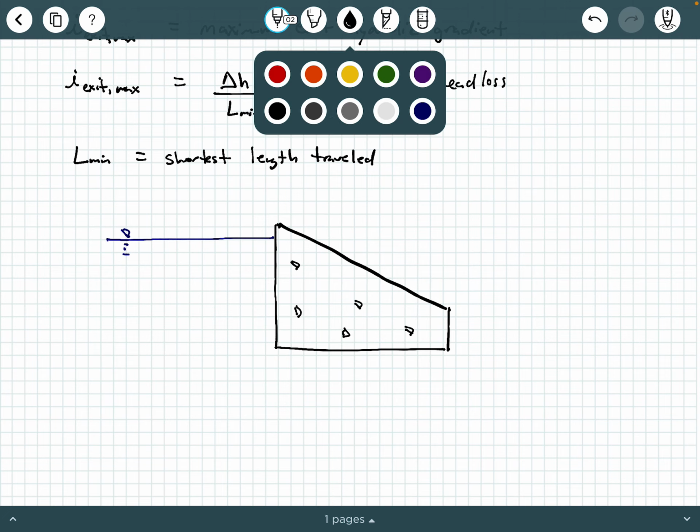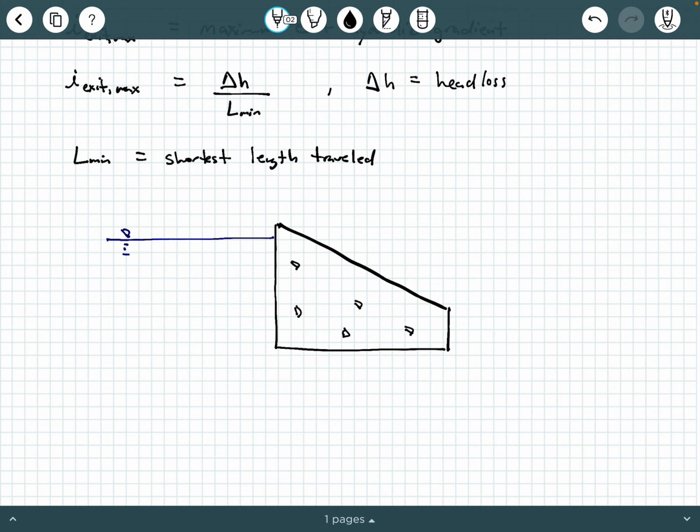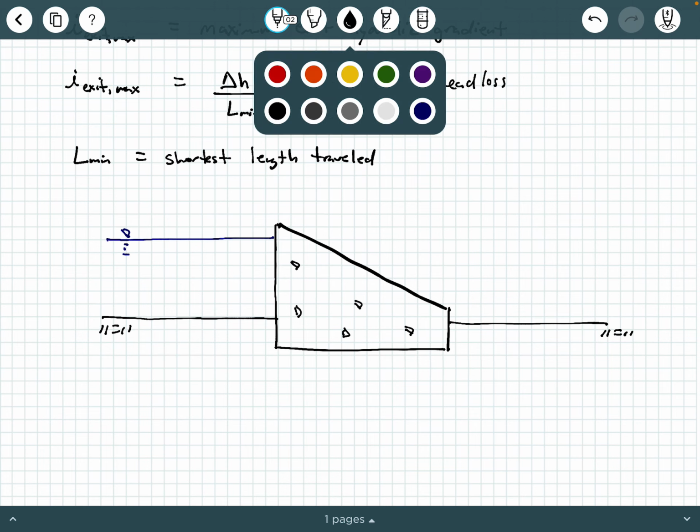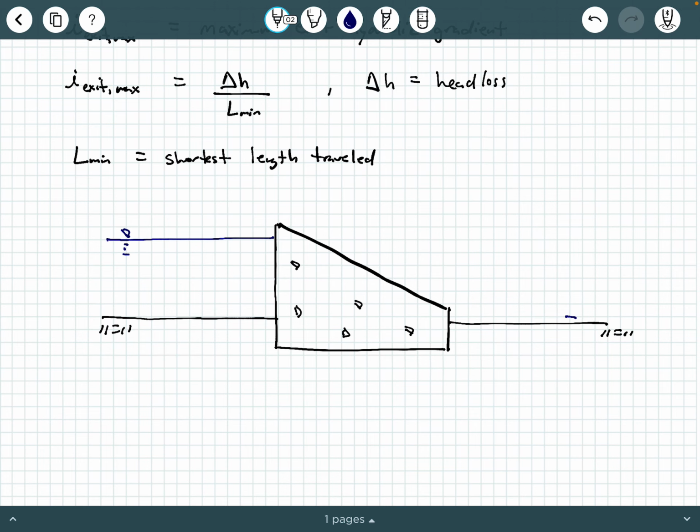And let's put a ground surface here and here. Let's say that on the downstream side, the water level is at the same level as the ground surface. Again, this is just for illustrative purposes. And then we're going to say that this water level here is going to be maybe a height capital H.